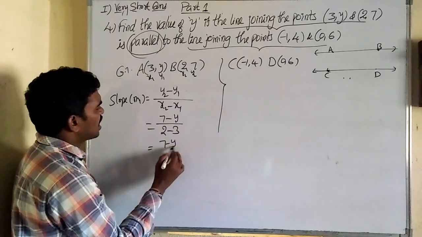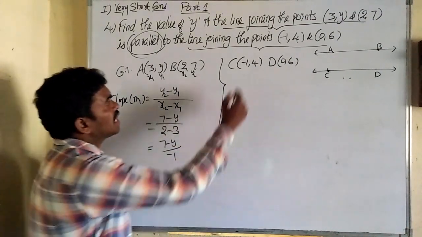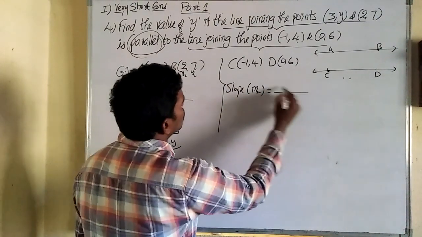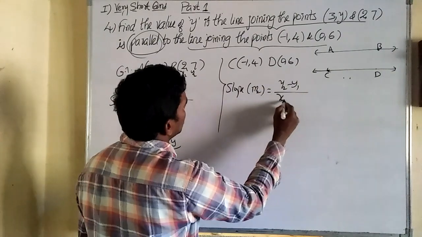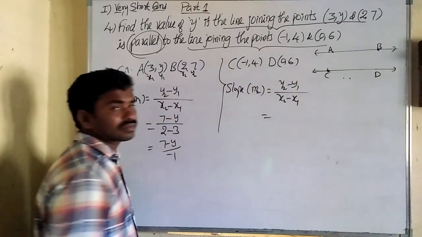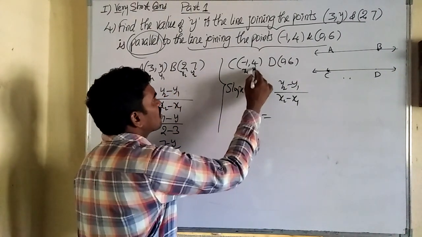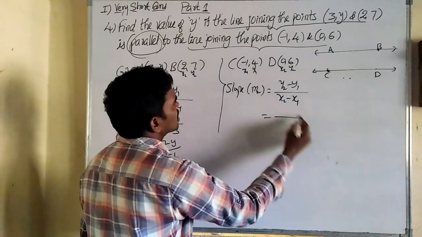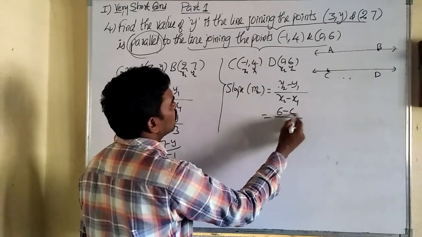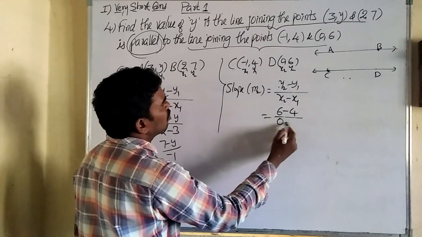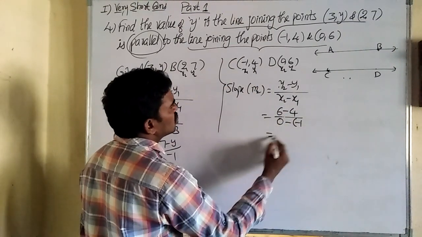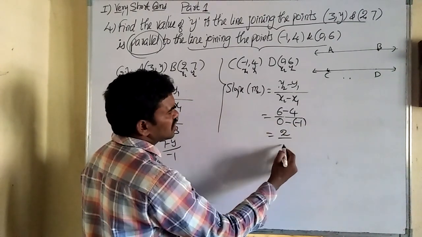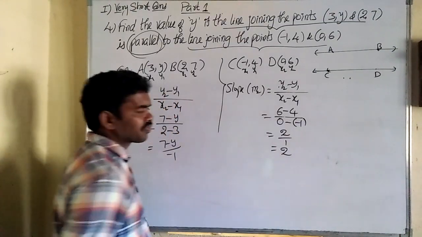Which is equal to 7 minus y by minus 1. And here I am considering the slope as m2. So m2 is y2 minus y1 by x2 minus x1. Taking the first point as x1 y1 and the second as x2 y2, y2 minus y1 means 6 minus 4, by x2 0 minus x1 minus 1. So 6 minus 4 is 2, minus into minus is plus, 1 plus 0 is 1, so the slope is 2.